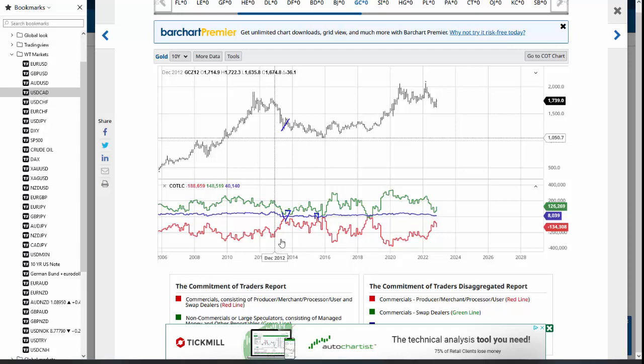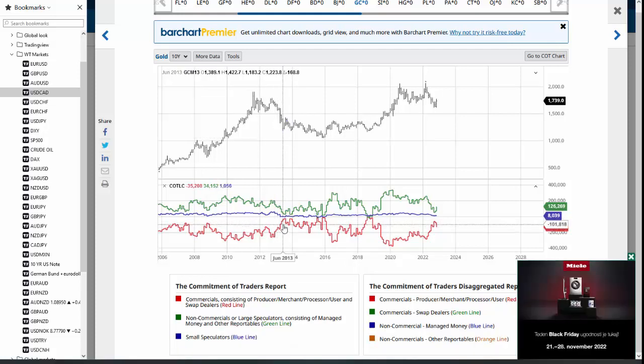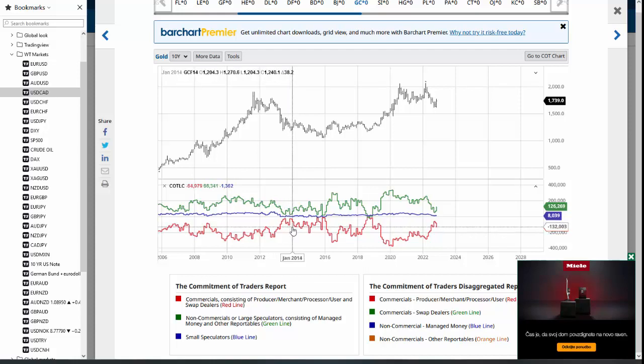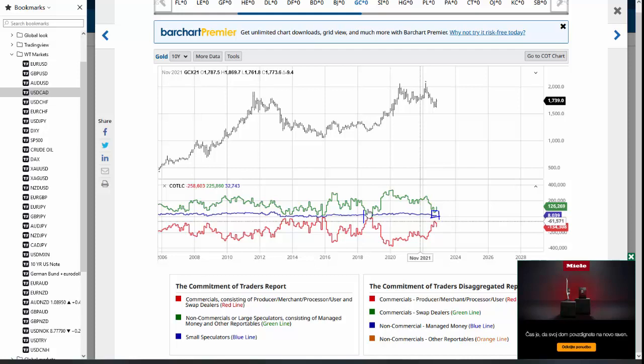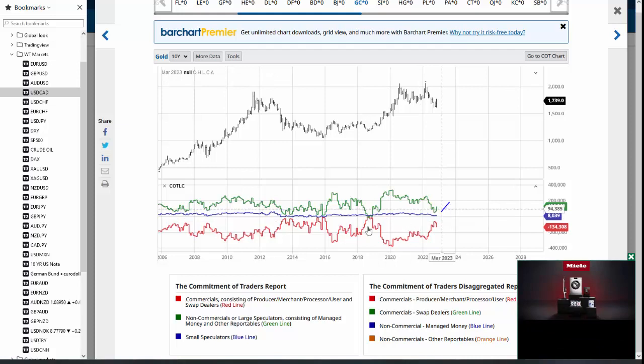It occurred back in 2013. Then even more importantly, it was in 2015 through 2016, then again in 2018, and now notice where the recent reading was, very close to the past readings. So again, this makes a quite interesting potential bullish case for gold if we consider that this sentiment could be changing now.